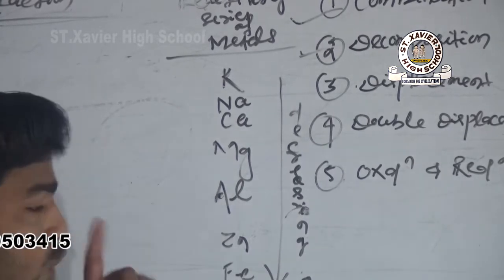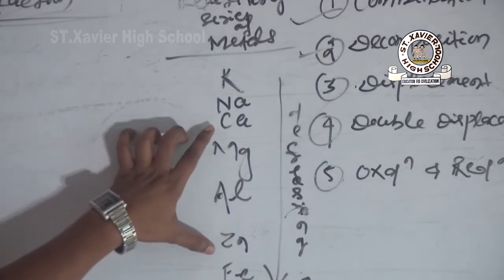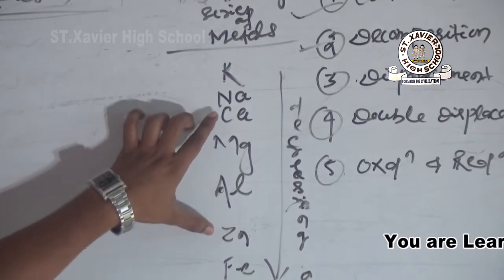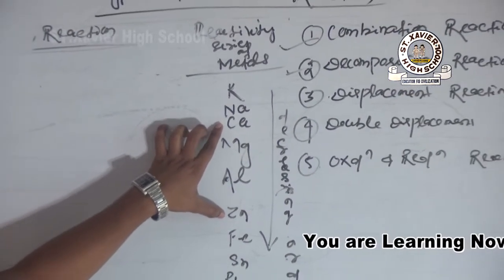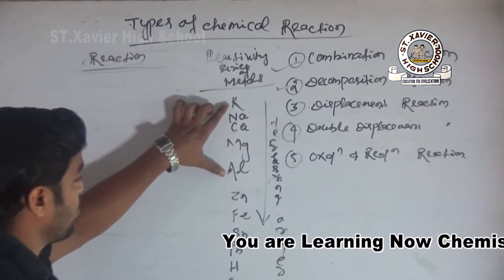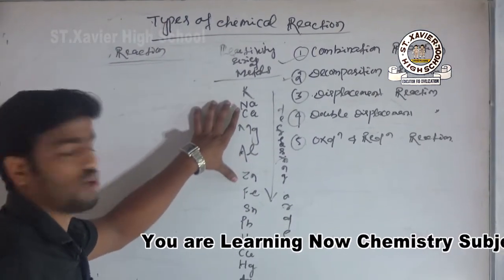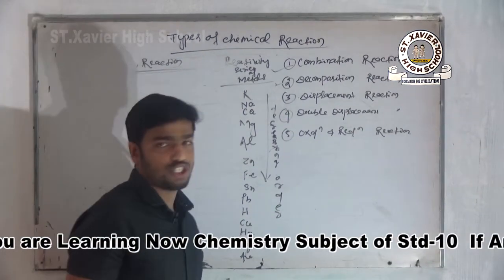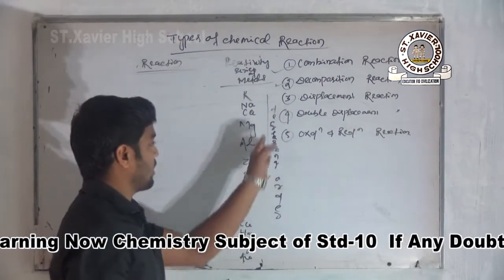If we compare calcium and zinc, calcium is more reactive than zinc. And if we compare potassium and zinc, potassium is more reactive than zinc, because potassium is placed above zinc in the reactivity series. Okay, this is about the reactivity series.